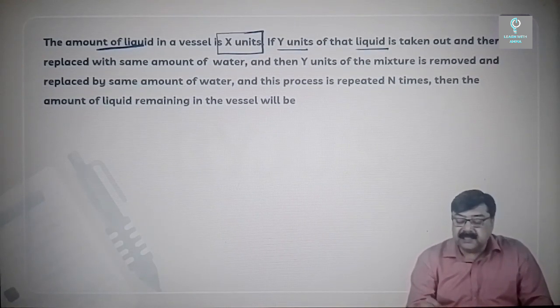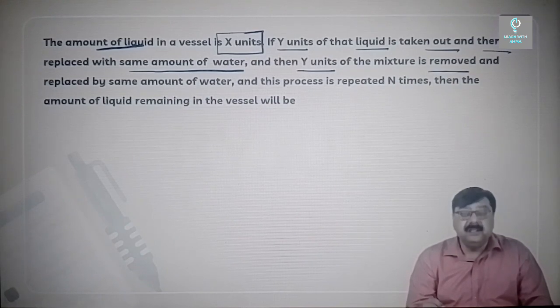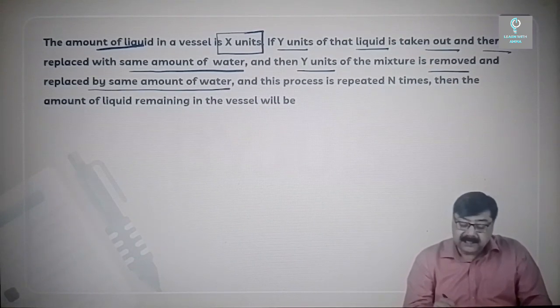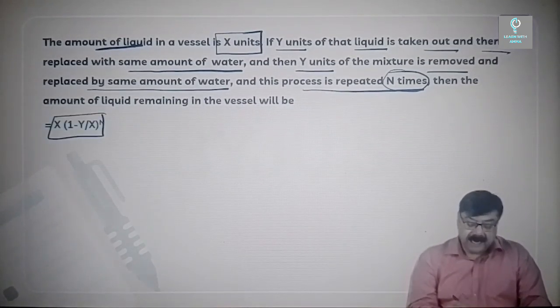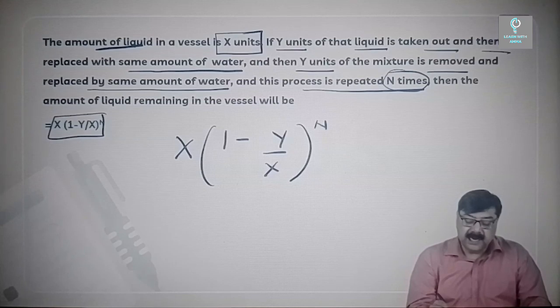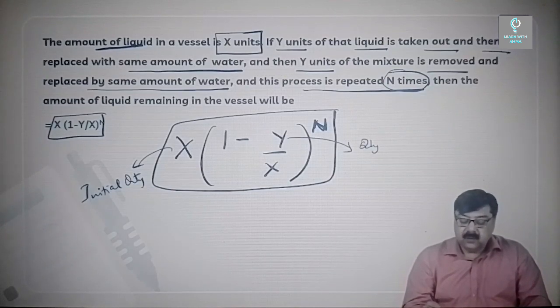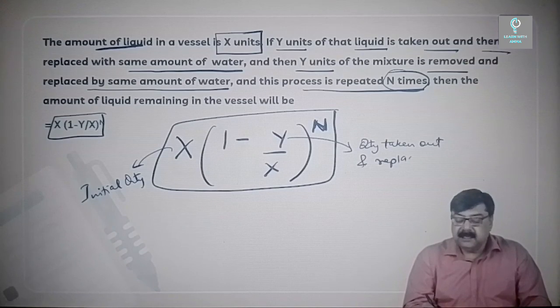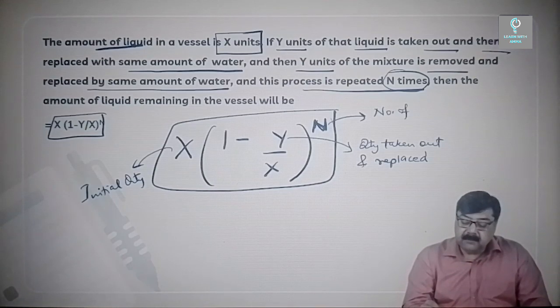If y units of that liquid is taken out and then is replaced with the same amount of water, and then y units of the mixture is removed and replaced by the same amount of water, and this process is repeated n number of times, then the amount of liquid remaining in the vessel will be given by the formula x into (1 minus y by x) raised to n, where x is the initial quantity, y is the quantity taken out and then replaced by the same quantity of water, and n is the number of times the process is repeated.